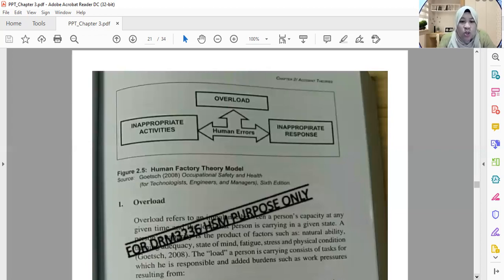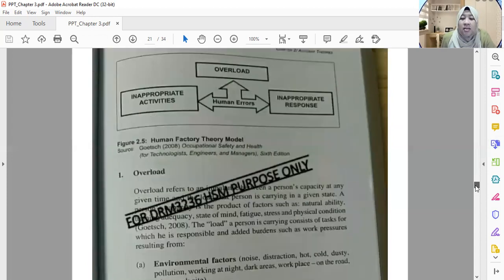So according to this diagram, if you can see here, this is what we call overload, and then we have inappropriate activities, and also inappropriate response, which is triggered through human errors.